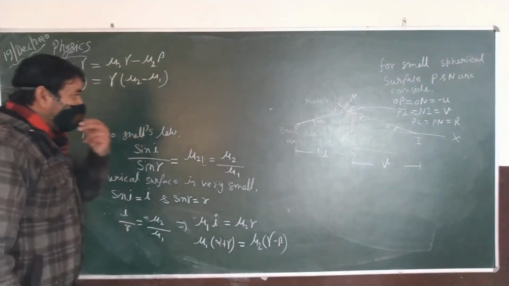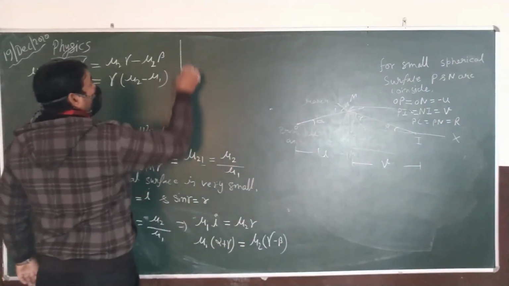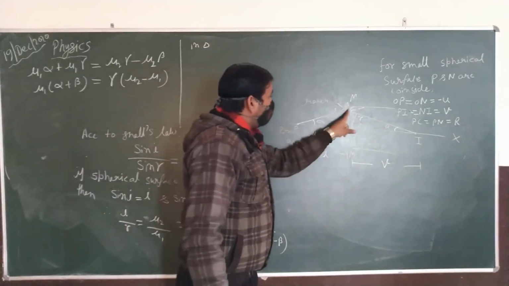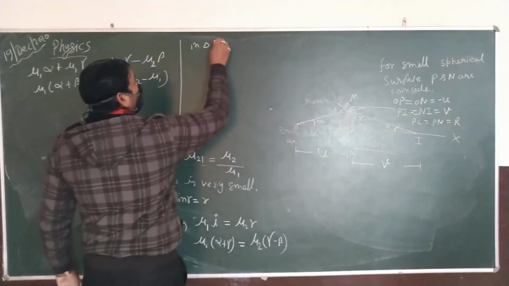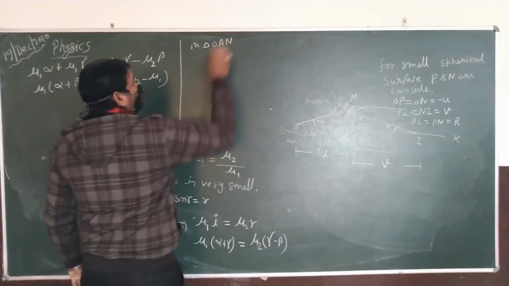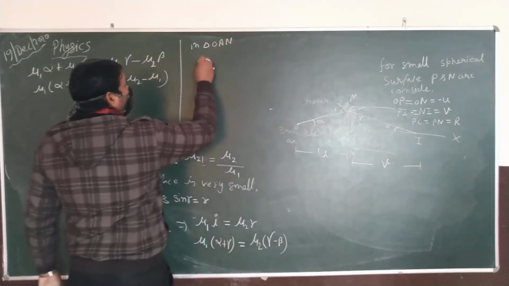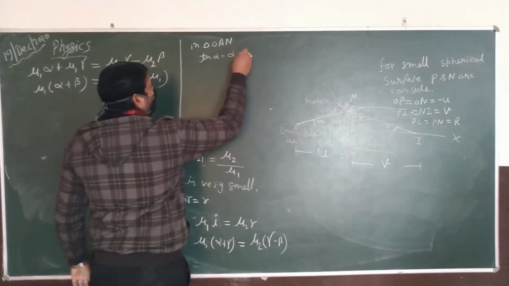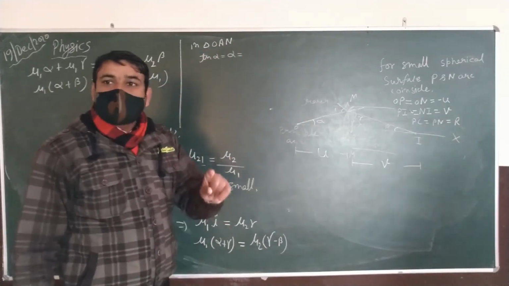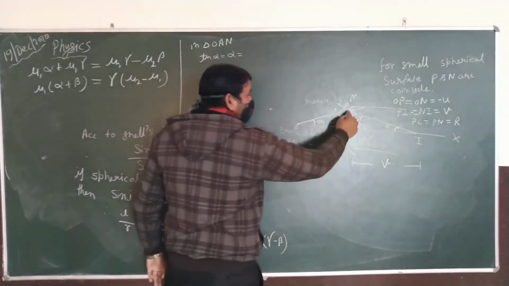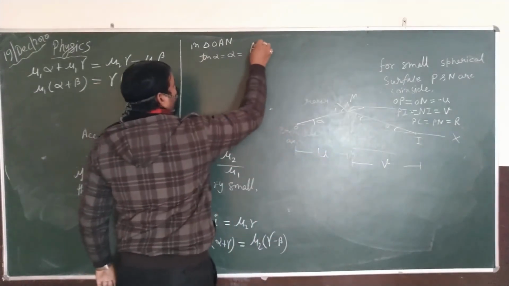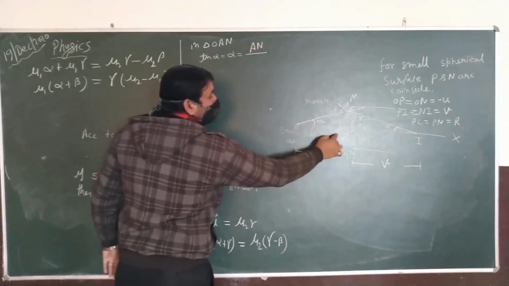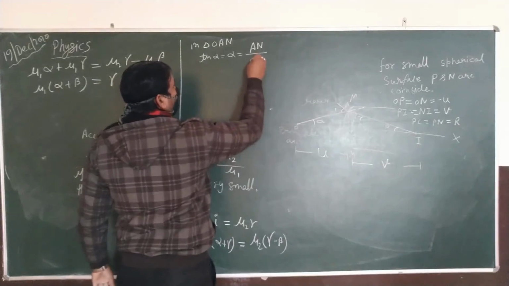Now see, in triangle OAN for small angles, tan alpha is equal to alpha, and you know the value of tan alpha is perpendicular upon base. So you will get from here AN upon OP or OM.